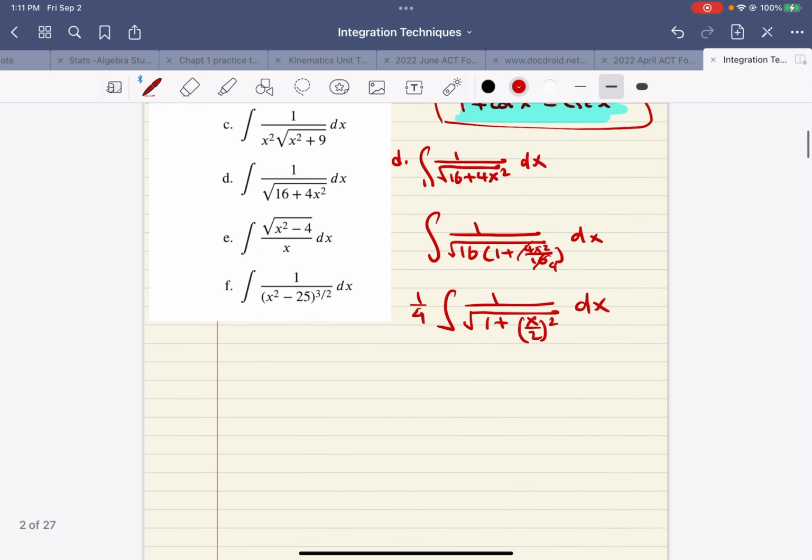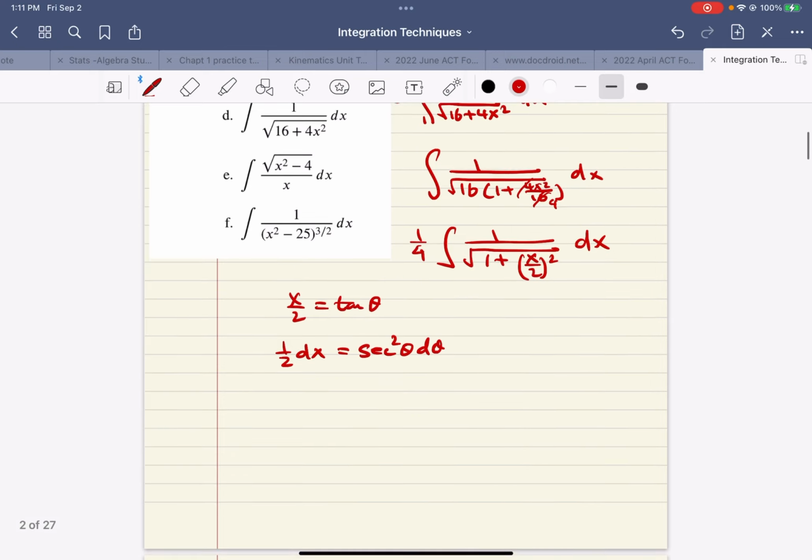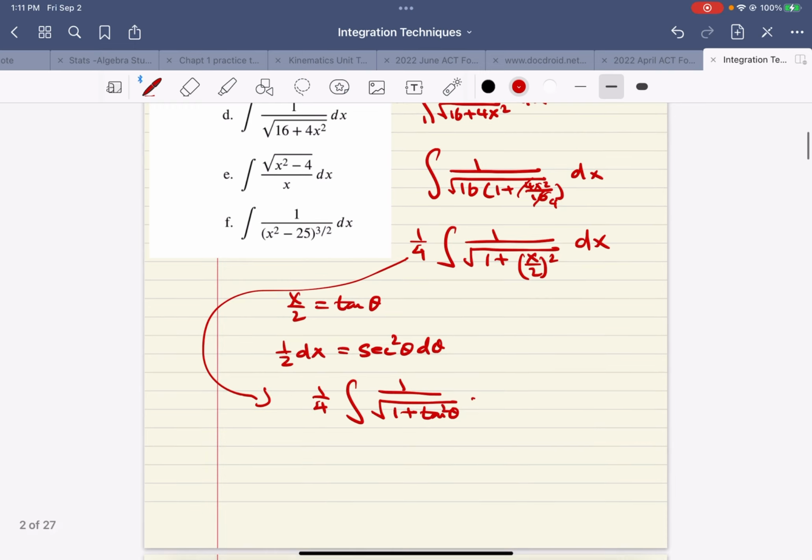dx. Okay. So now what I'm going to do, I try to use 1 plus tangent square equals secant square. So x over 2 equals tangent theta. Let's do this one, trig sub. Then 1/2 dx equals secant square theta d theta. So that becomes 1 out of 4 integral 1 over square root 1 plus x over 2 is tangent square theta, and dx is 2 secant square theta d theta.